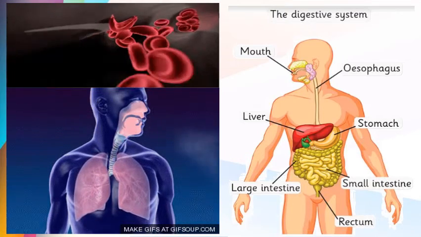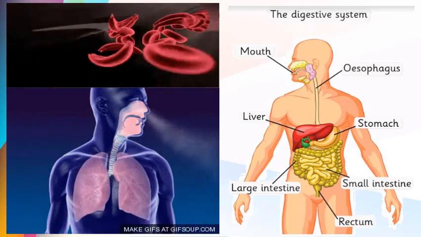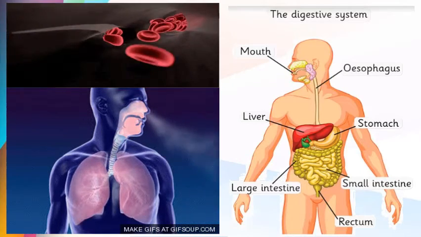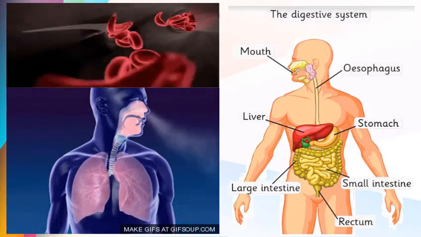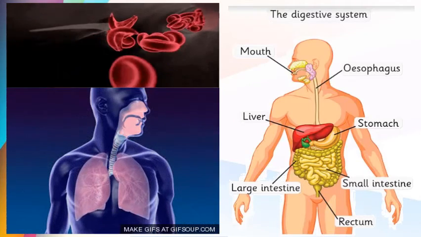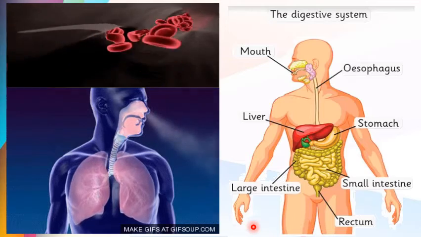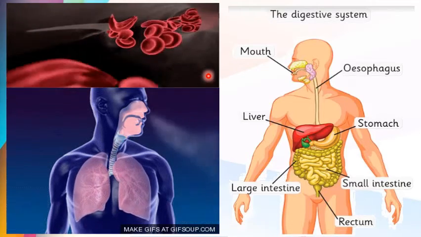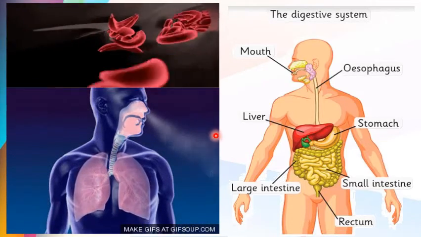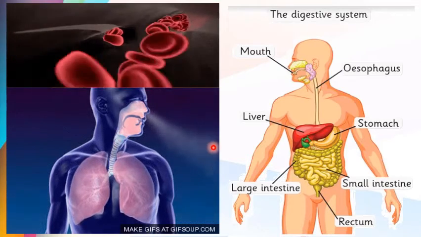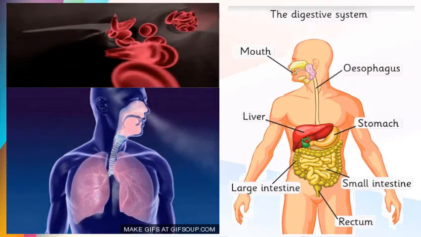It is again the blood that carries the digested part to every particle of the body, because you know that blood is flowing from head till the toes, isn't it? It carries the air and also the digested food to all parts of our body.